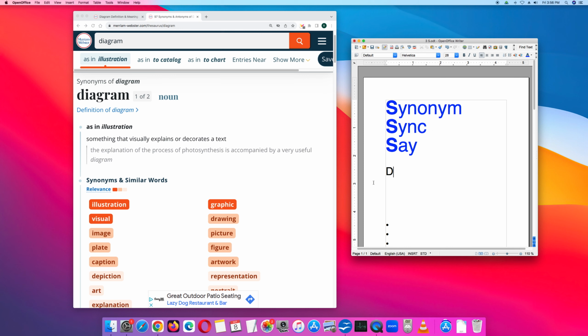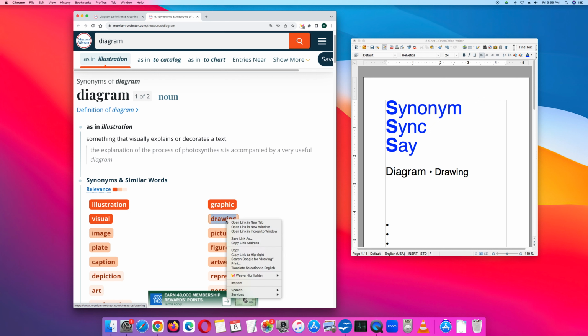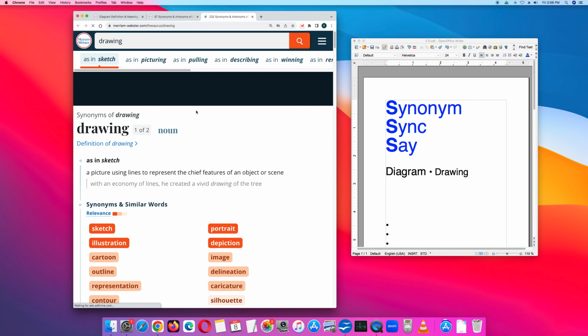So we got diagram, which is the keyword, and then I picked one synonym. And make sure you know how to pronounce the synonyms too. Merriam-Webster allows you to open up any of the synonyms into its own definition.